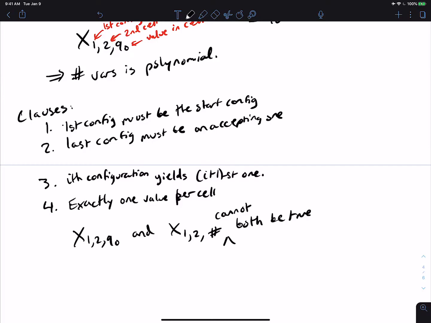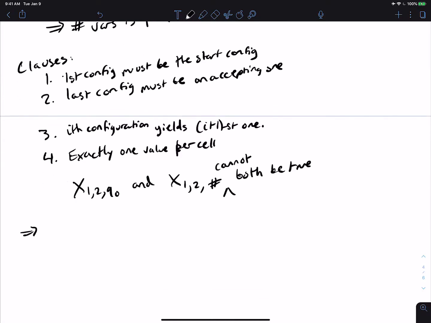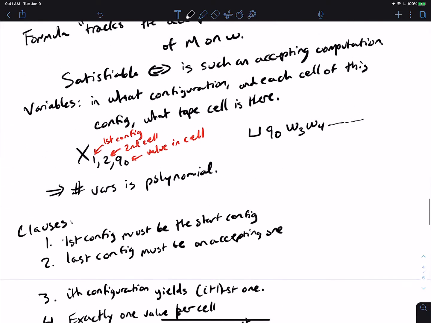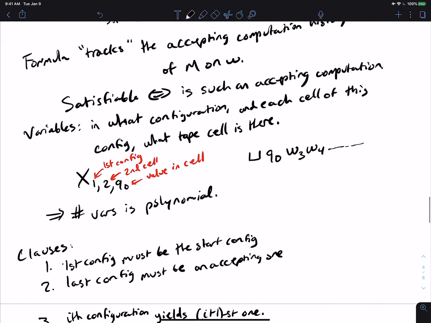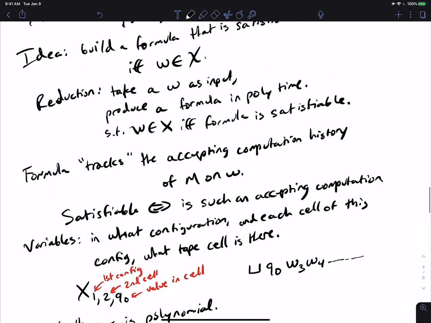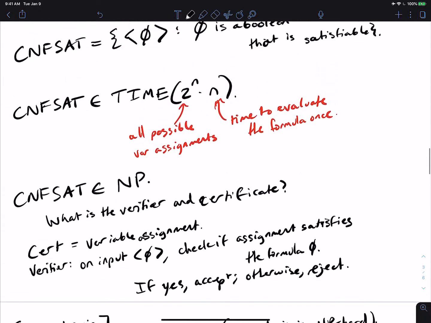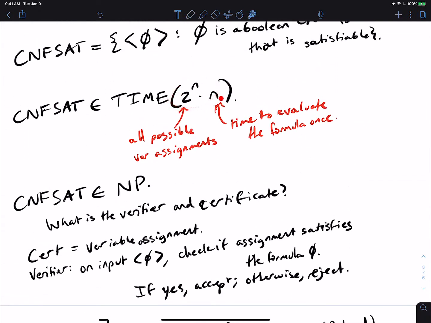And what you're able to show here is that the number of clauses is also polynomial. And it's really important that we talk about polynomial time reductions, because if I just let the reduction take any old time, then if I just say you can run in exponential time, well, based on the result we had up here, I could just run the formula deterministically in polynomial time. Forget the reduction business.